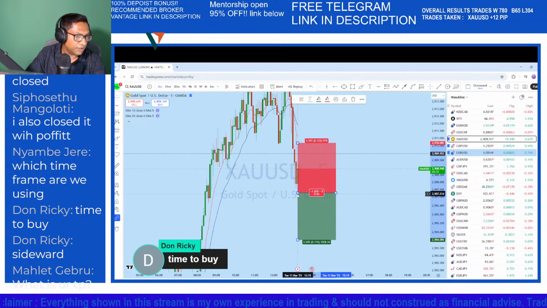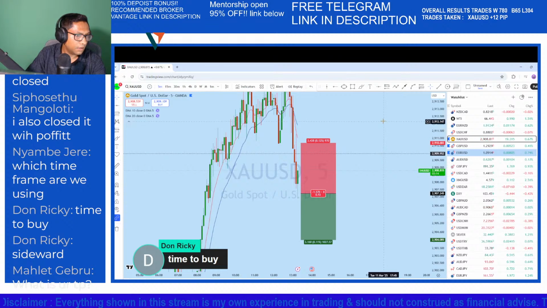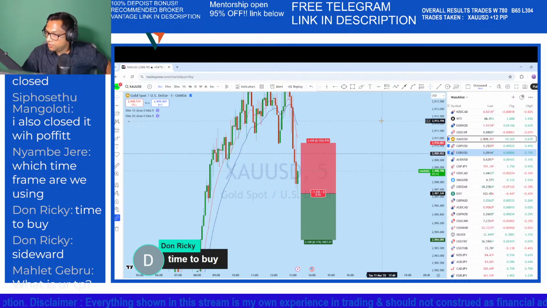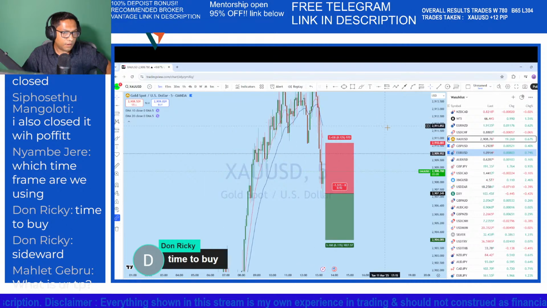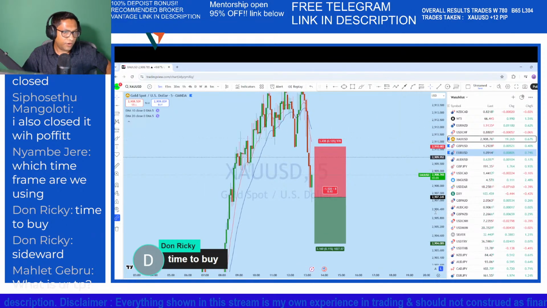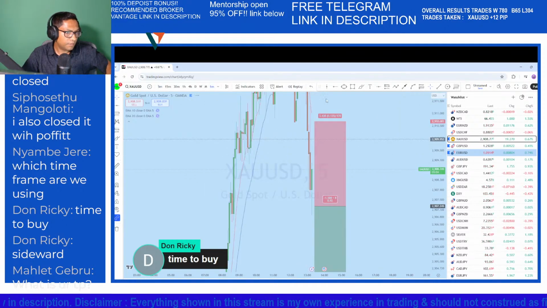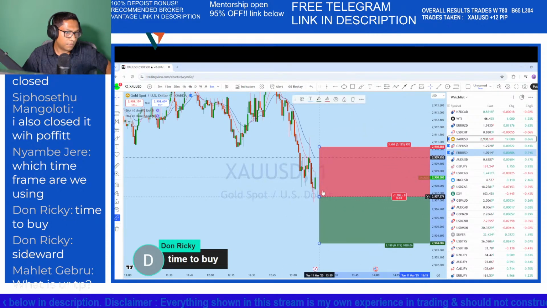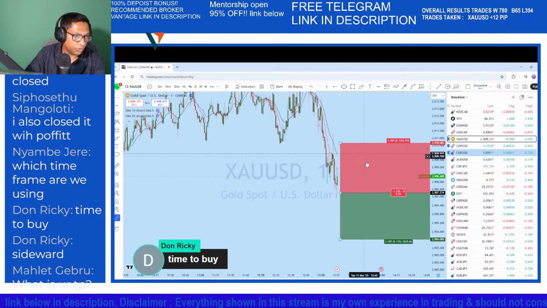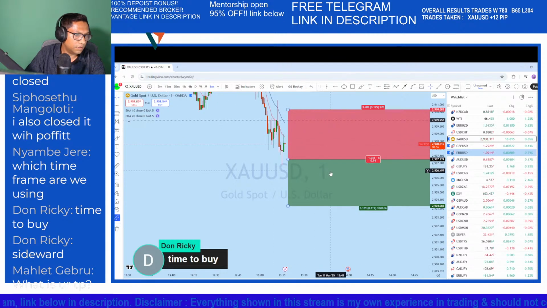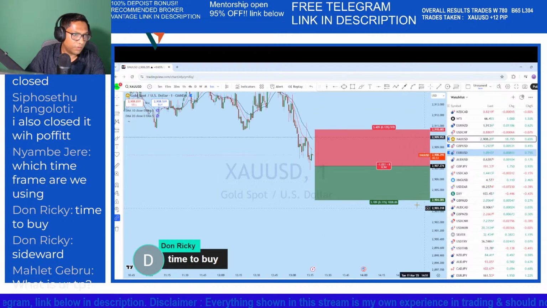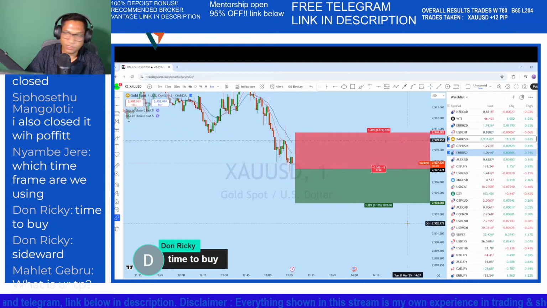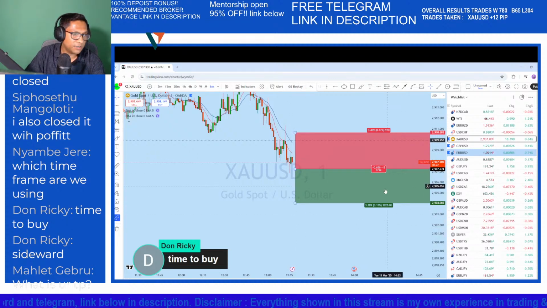So you can see here, this is a very long wick candle from the lower time frame. Okay, so potential rejection from the top. Want to see that it's dropping in that direction as expected.